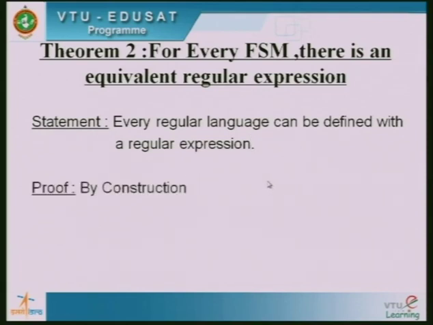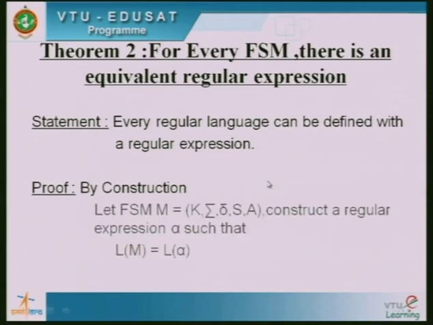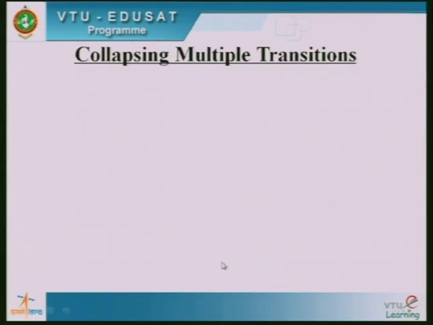So, we will prove this by construction. We will consider the finite state machine M, which is given with K, sigma, delta, S and A. We construct a regular expression alpha such that the language accepted by this machine is equal to the language accepted by the regular expression alpha. So, let us see how to construct.